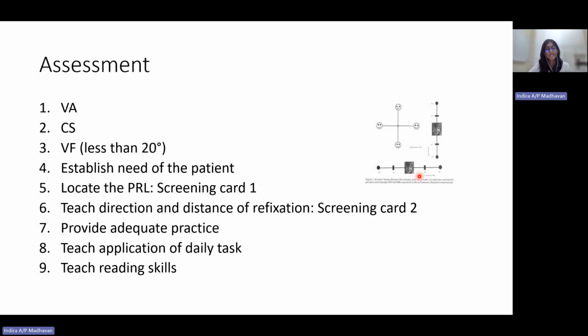Okay, so when it comes to this eccentric viewing, one disadvantage is that cosmetically the patient won't look good, because if, let's say, they are talking to someone, the eyes will not be making eye contact. The patient will be turning the eyes to the side. So we have to discuss with the patient whether this is helpful or not, and whether they are actually going to practice this.